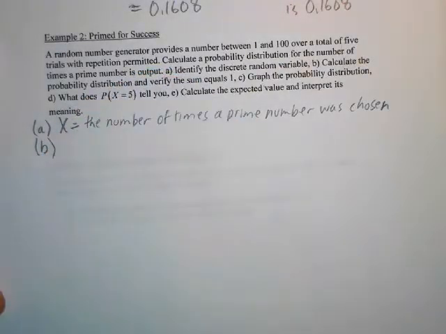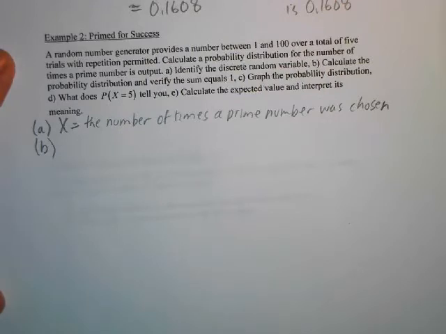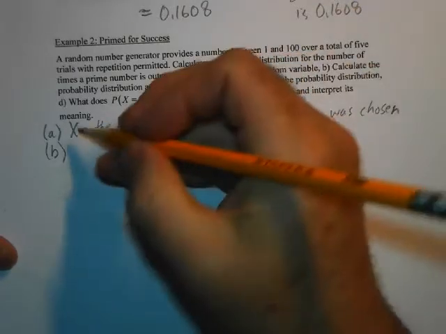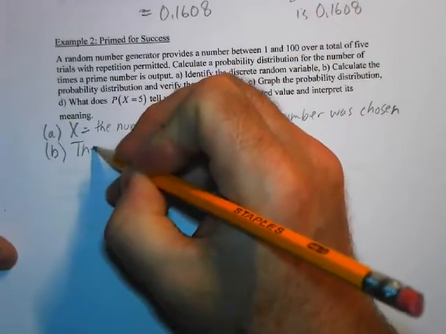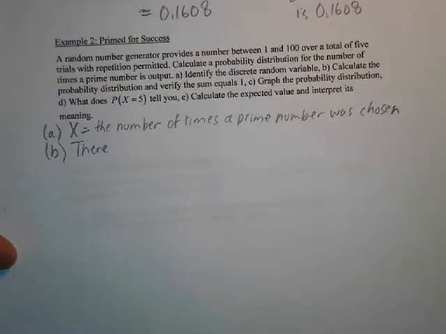Now we're going to calculate the probability distribution. There's a lot of work we have to do before we get there. First of all, we have to know how many prime numbers there are between 1 and 100. I will tell you the number, and then I will actually list them, just in case you doubt me.